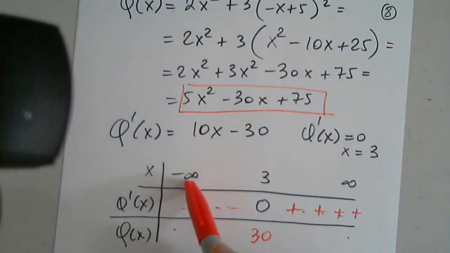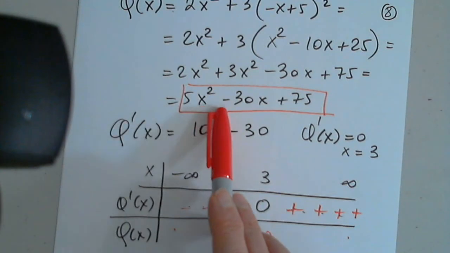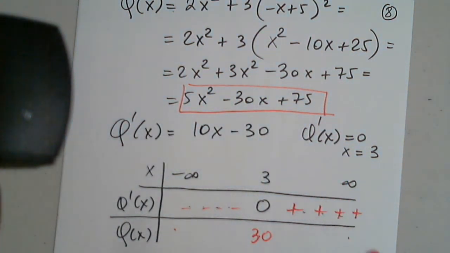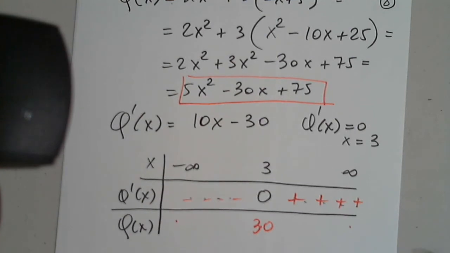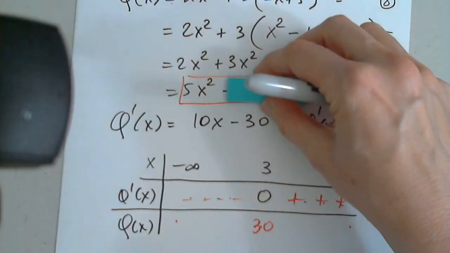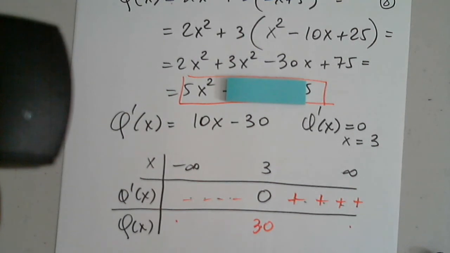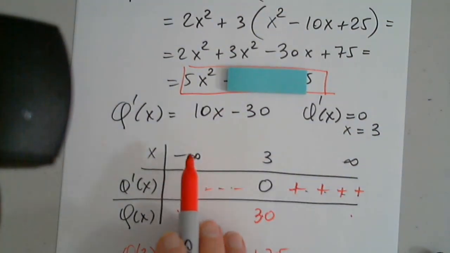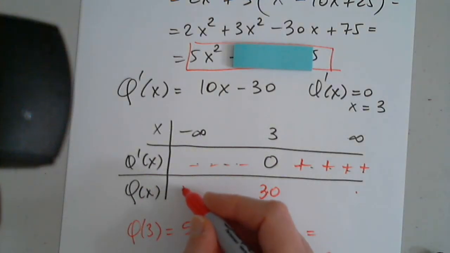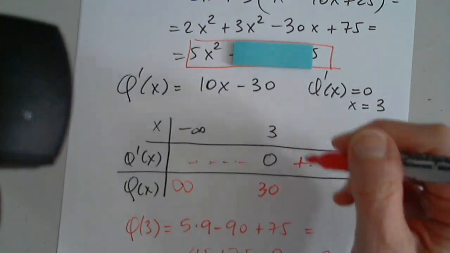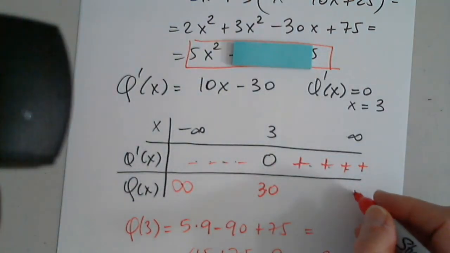When we talk about x approaches negative infinity, which of these terms, because it's a polynomial, is the most powerful one? The first degree. Very good. Or, yeah, the one to the second degree. Good. So when x approaches negative infinity, where will the function go? Positive infinity. Awesome.